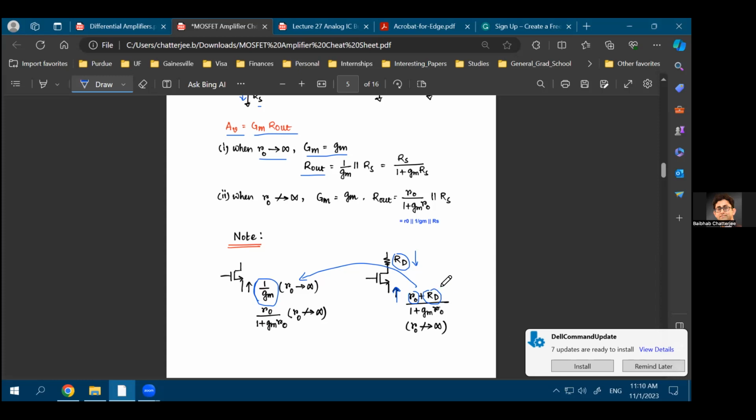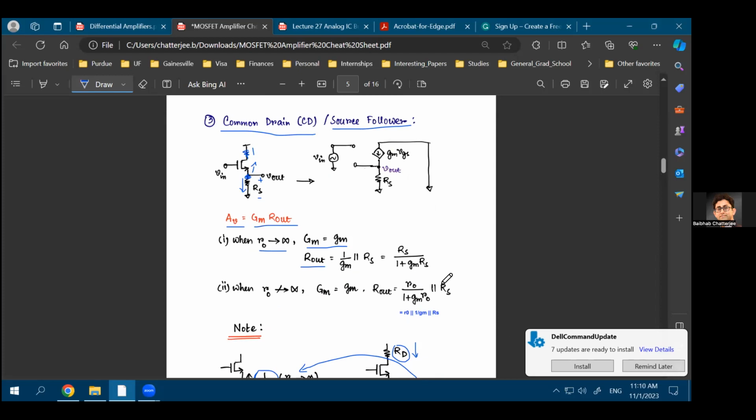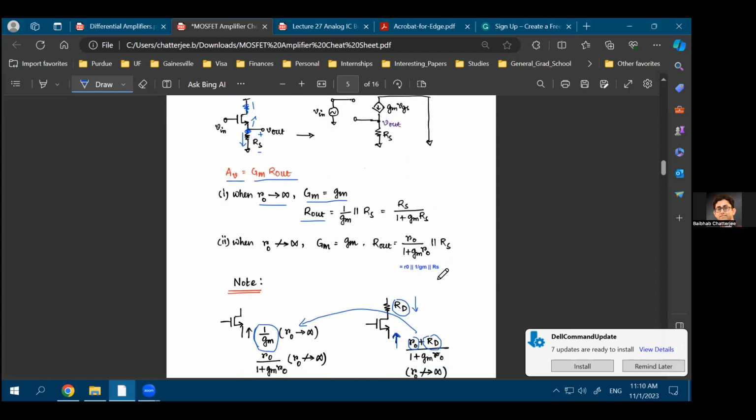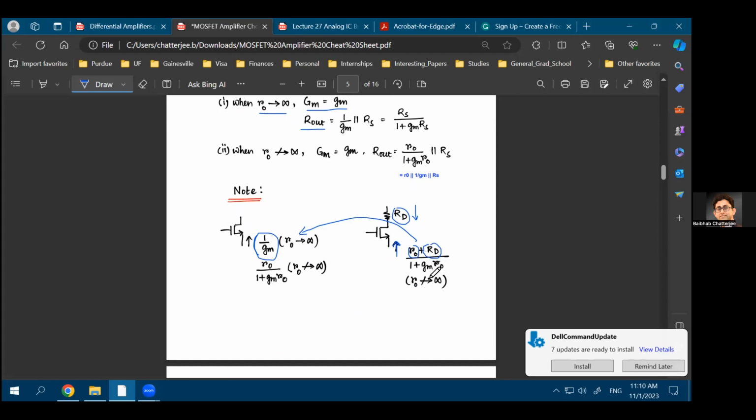I just wanted to make sure that you know that there is an effect of the finite RO for the transistor, even though these kinds of problems will not be in your exams. In your exams, you can consider your RO to be infinitely large. That will make life simpler, as your resistance looking into the source will just be 1 upon Gm, and not this complex quantity of RO plus RD divided by 1 plus GMR.